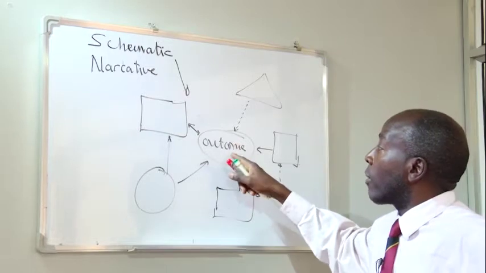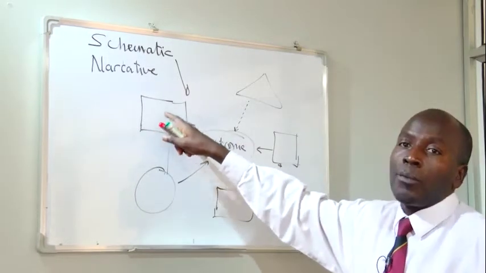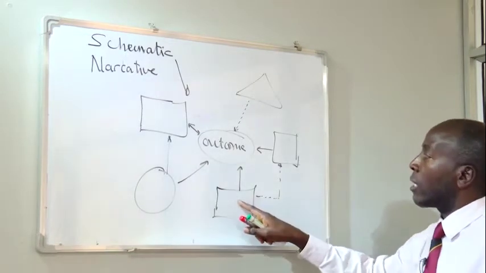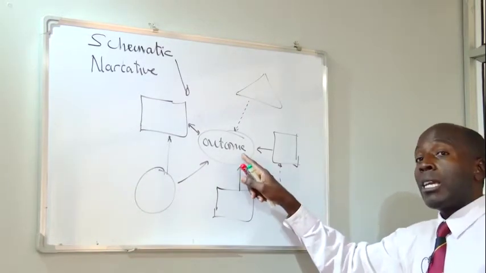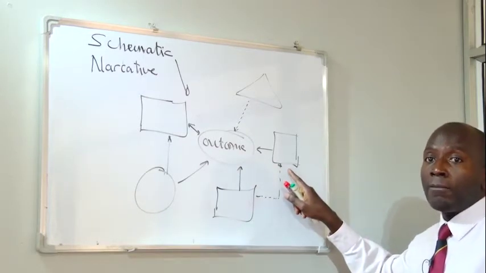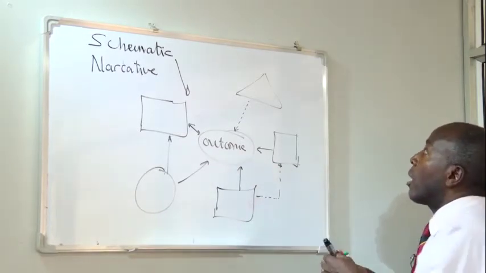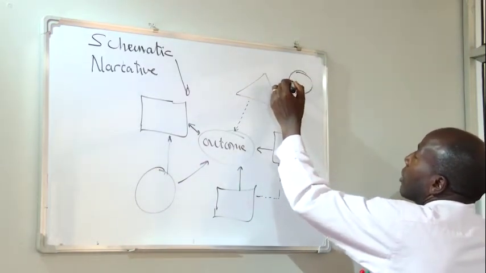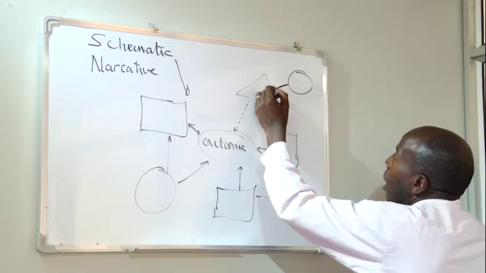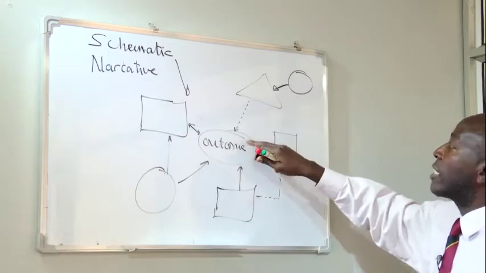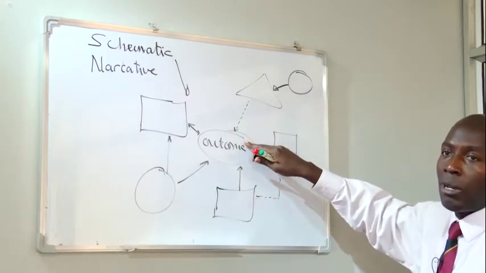So even this factor here can also lead to them, just as they can also lead to it. This arrow shows you that the factors here can lead to the outcome directly, but they can also lead to it through another variable, another set of factors. And indeed, you could have another set of factors which only work through other factors, and they don't have a direct link with the outcome.